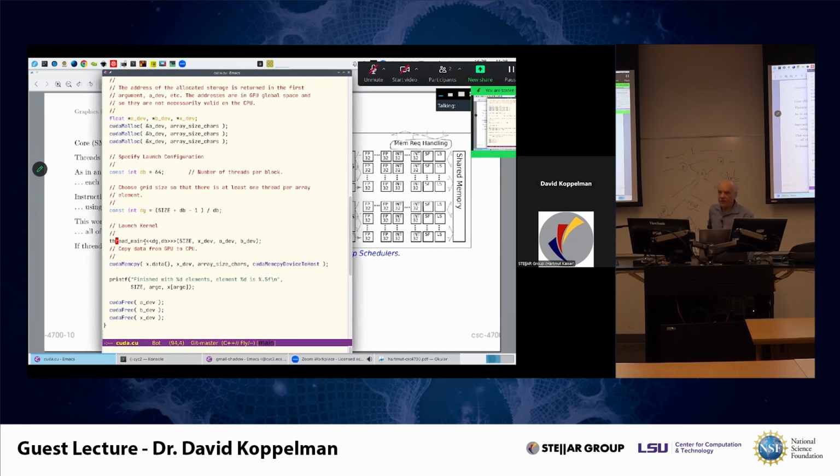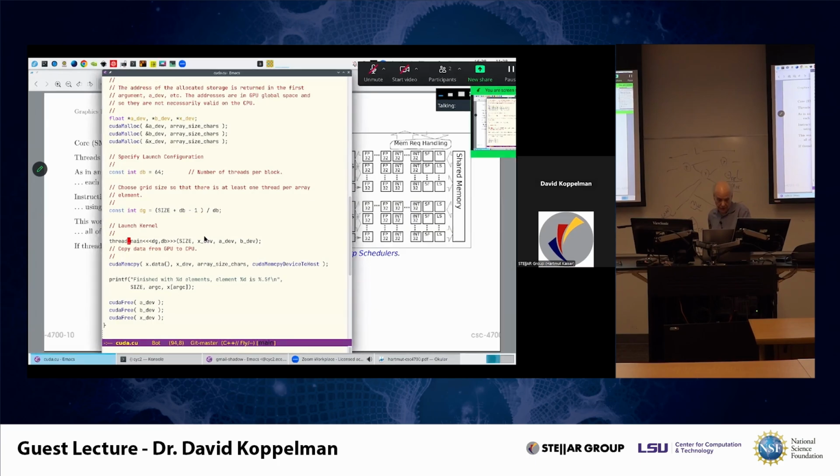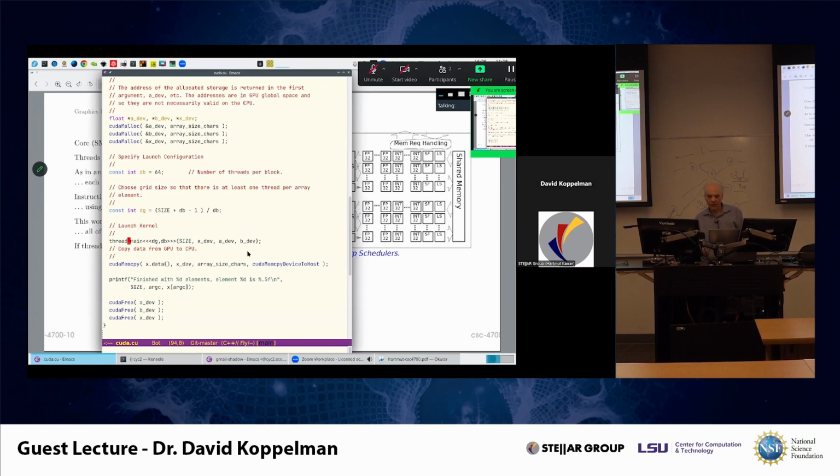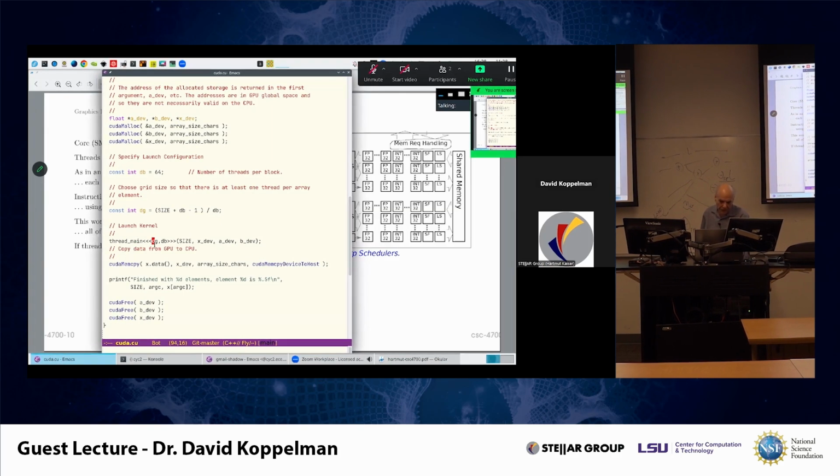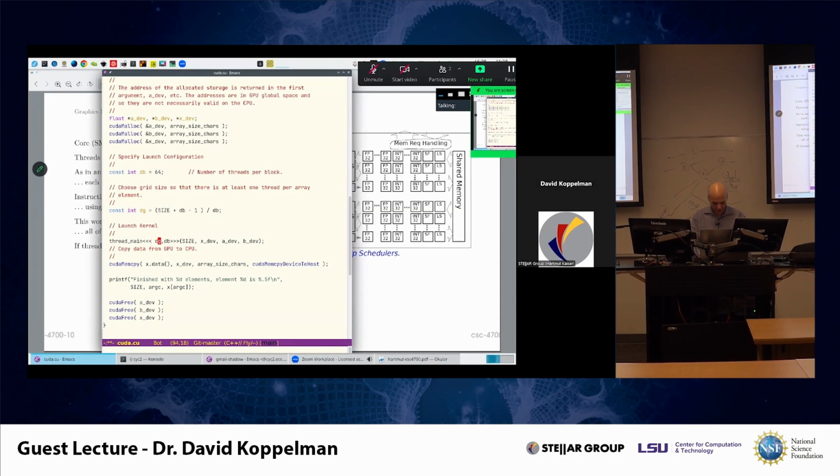But here, this is syntax specific to CUDA-C. So the 3 angle brackets indicate a kernel launch. This is the name of the routine you're launching. These are the arguments. You wrote thread main. You know what those mean. CUDA doesn't interpret them. But these 2 numbers, which I will emphasize here, are important.